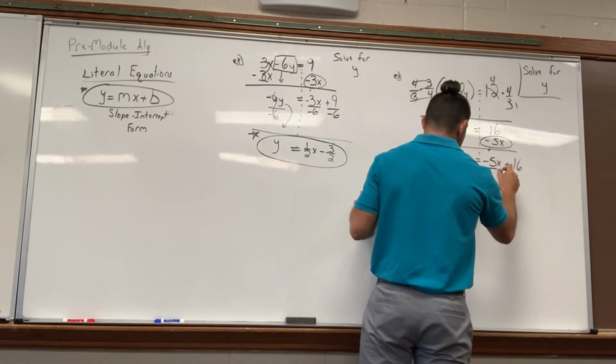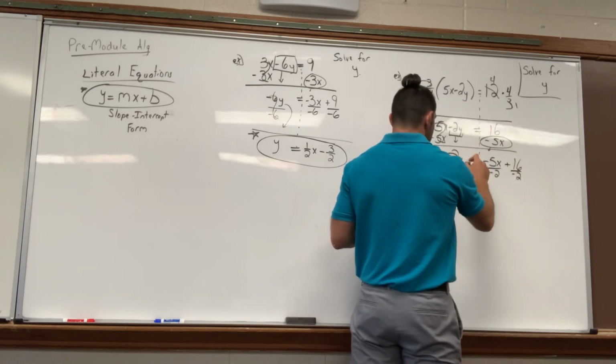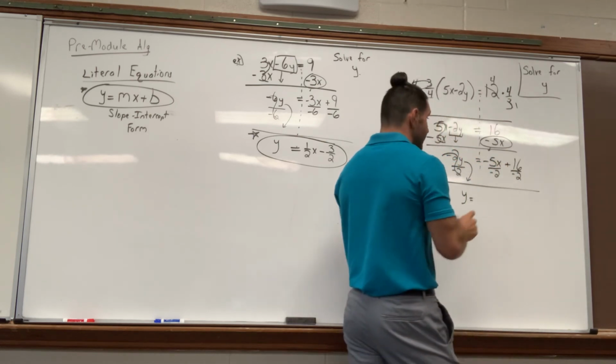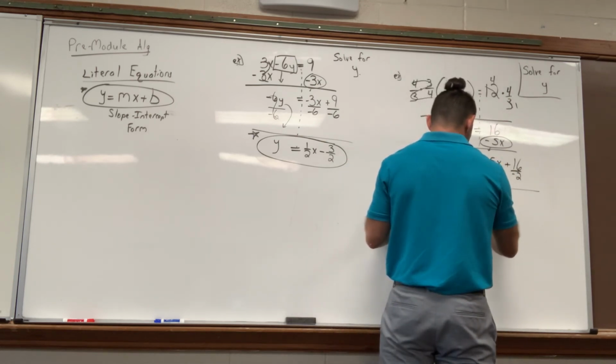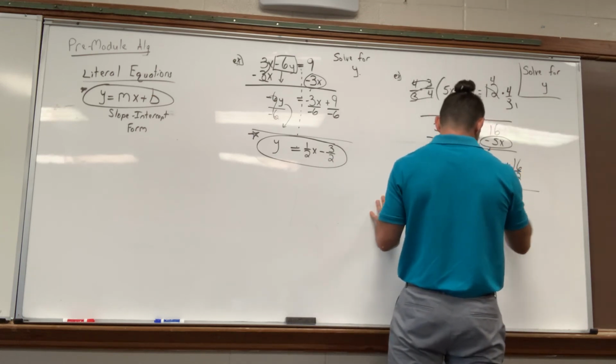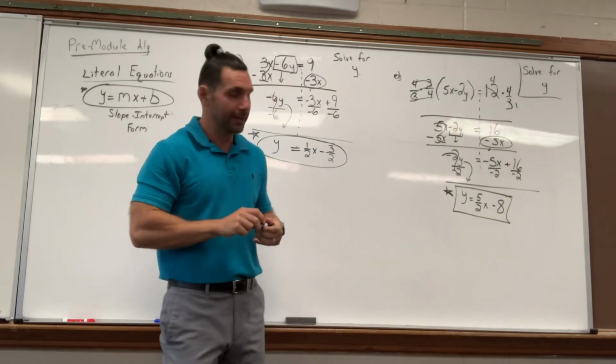We divide by negative 2. That leaves me with y equals, negative divided by a negative is positive, 5/2 x. Positive divided by a negative is negative 8. I have now solved it for y.